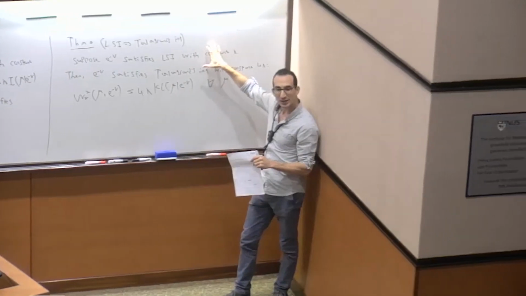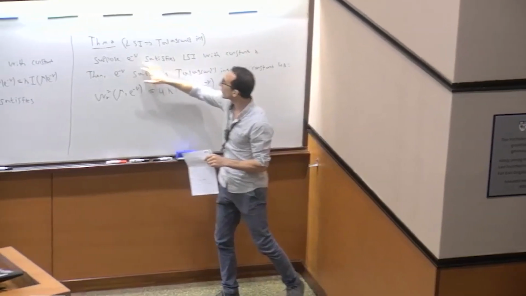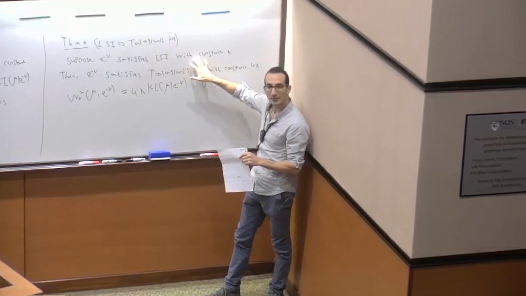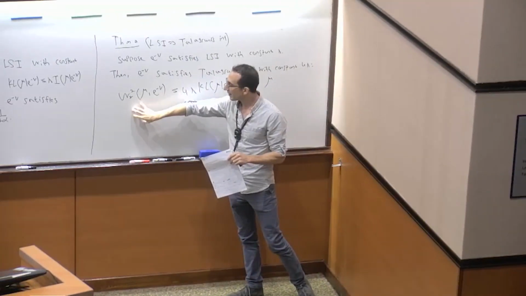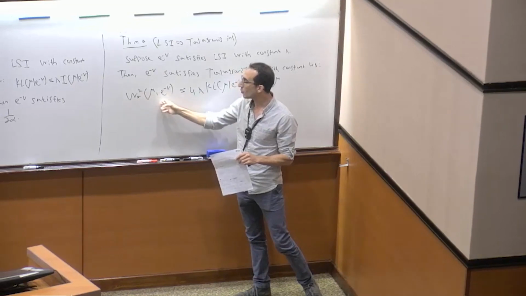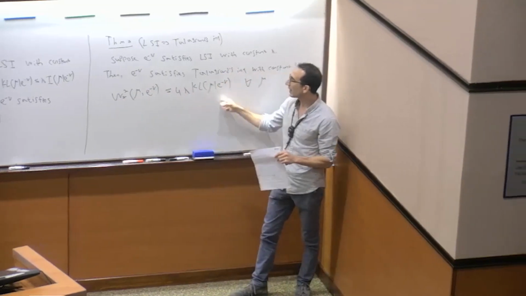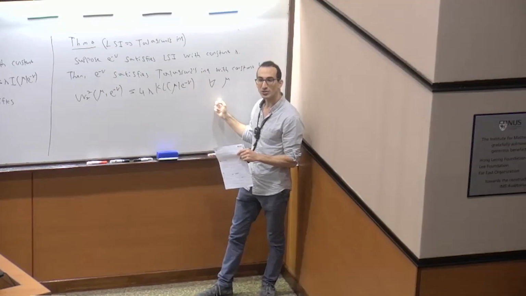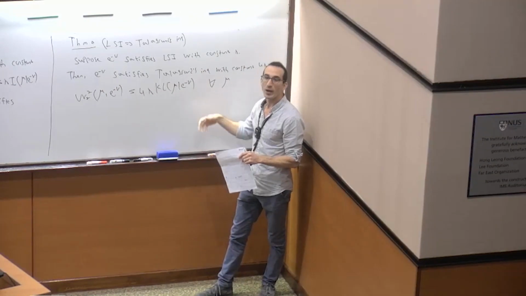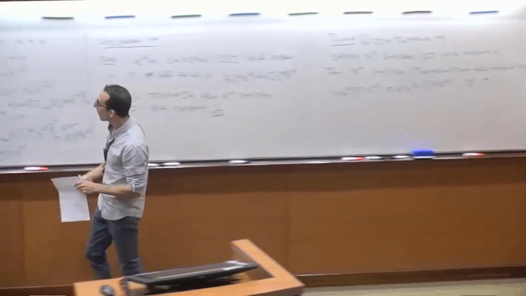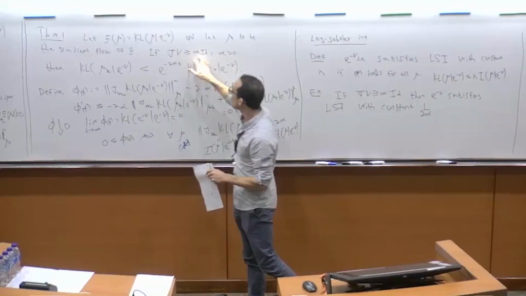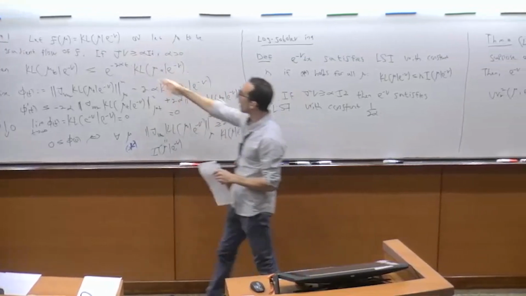But what this theorem is telling you is that if the measure e^{-V} satisfies log-Sobolev, then you can relate the W2 distance between mu and e^{-V} to the KL between mu and e^{-V} for every measure mu. As a particular example, we go back to the case where the Hessian of V is lower bounded by alpha.